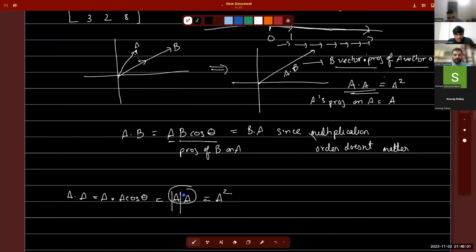Okay. And now if we think about it in terms of two vectors, we take the projection of one vector onto the other vector. We get some magnitude of that projection. With that magnitude, we scale the vector on which we took the projection.